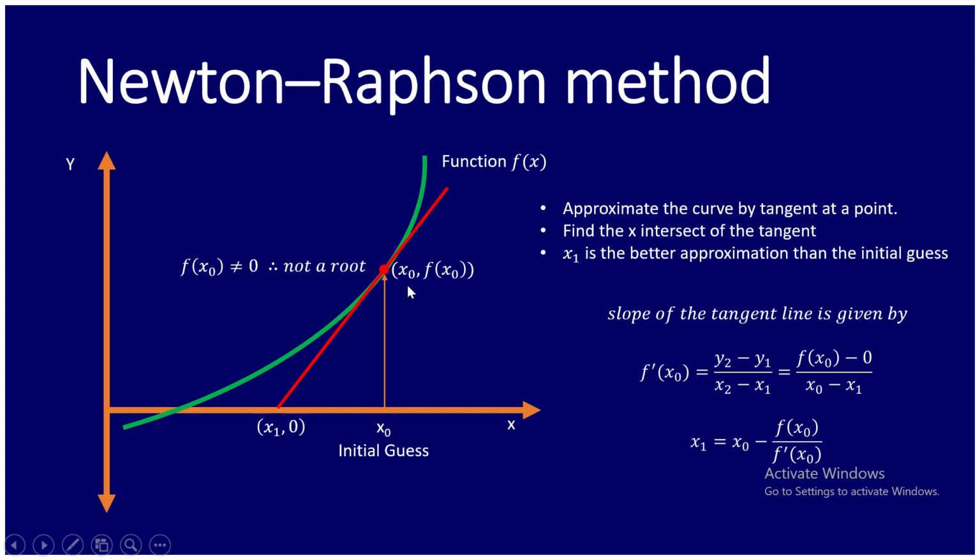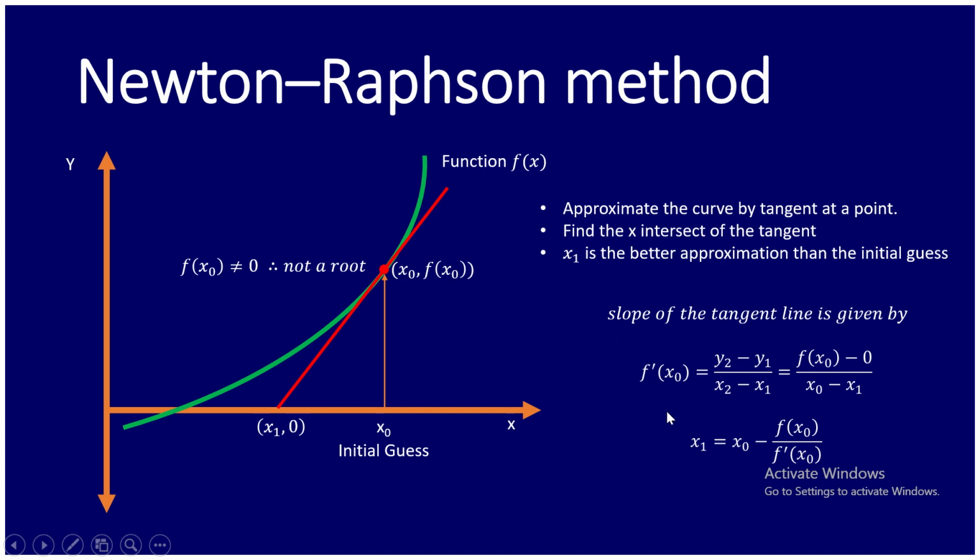These are the coordinates of point 2 and these are the coordinates of point 1. Now remember that we have to find this x1 value, and we will use the slope of this tangent line to find x1, that is the intercept, because this x1 is a better approximation of the root than x0. So we will use this slope of the tangent line.